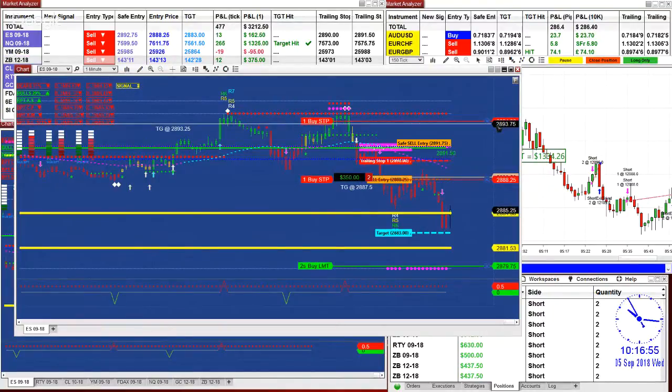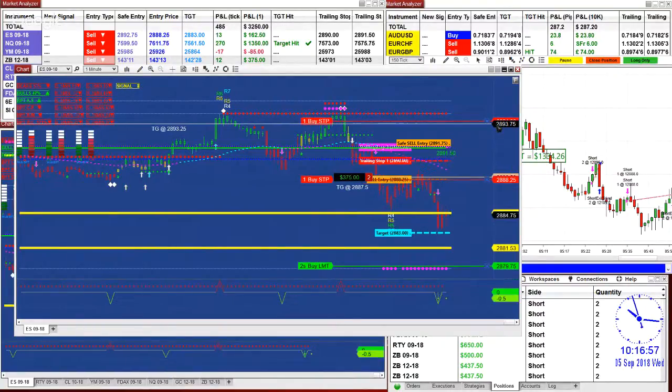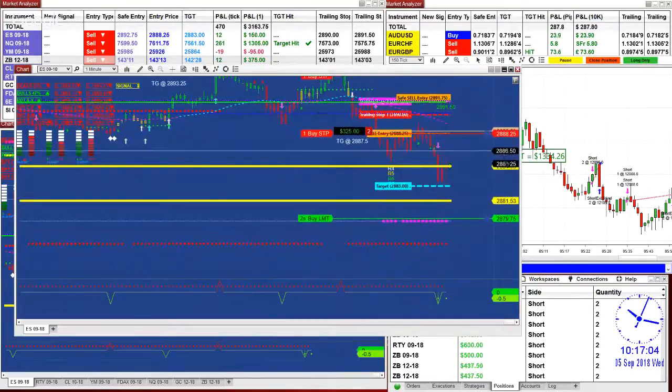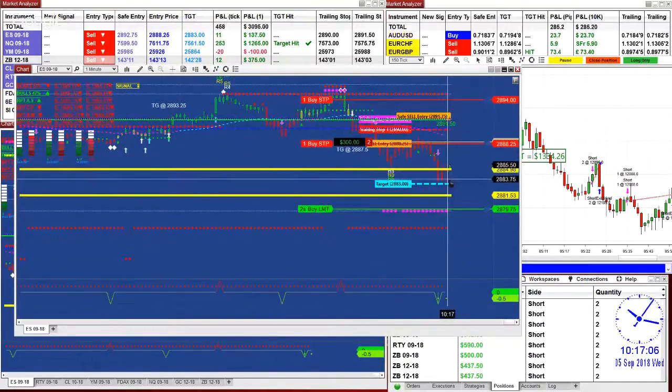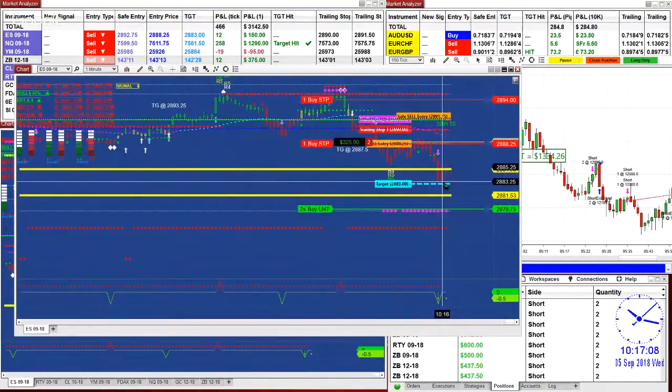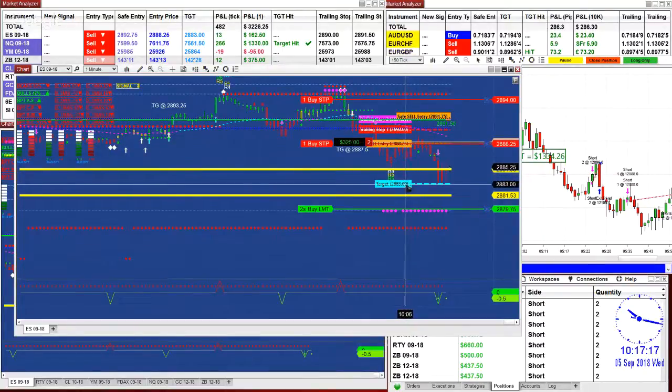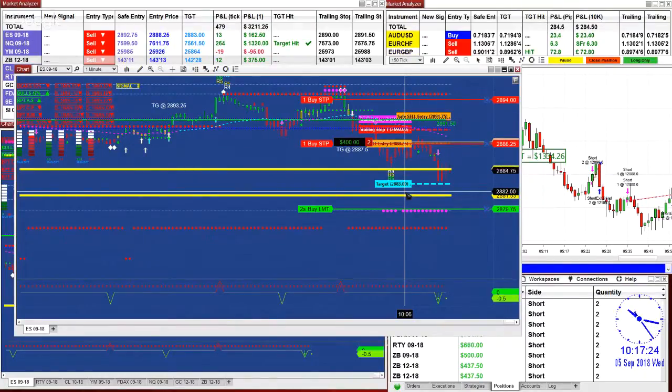But I do personally like the ATM strategy, because on the ATM strategy, I'm hoping to grab a little bit more on the plate than what the auto trade is putting for me. So technically, the auto trade has done its job. Give me the entry and the target, and it's done, it's over. If you are using the fully automated, you're exiting that trade, and you are done with that trade. We are waiting on a new signal on the ES to take a trade.